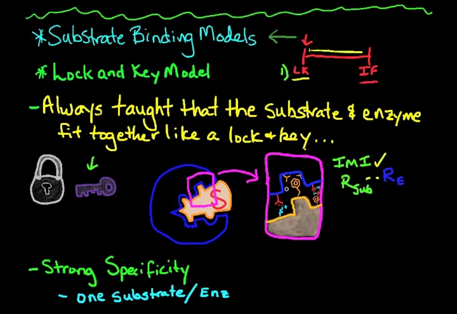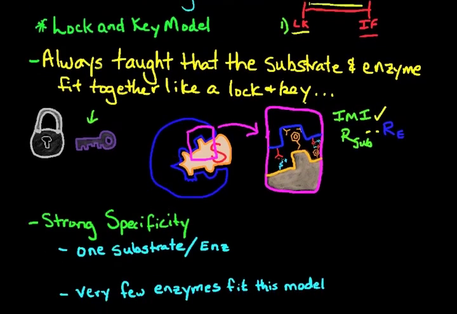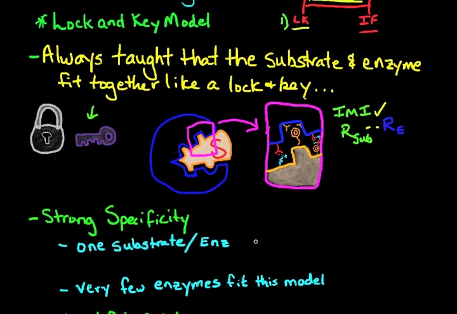And so the important thing with this model of substrate binding is that you have very, very strong specificity. The active site is rigid, and I've never heard of a case where you would have more than one substrate for an enzyme if that enzyme's substrate binding model is lock and key.